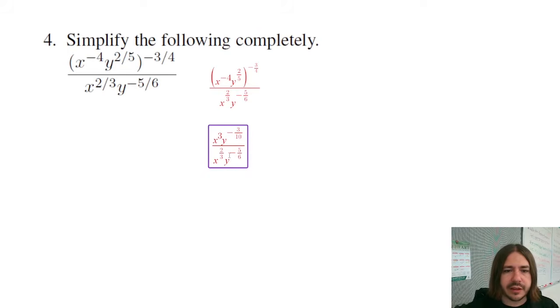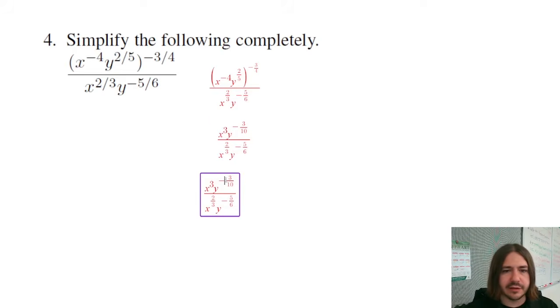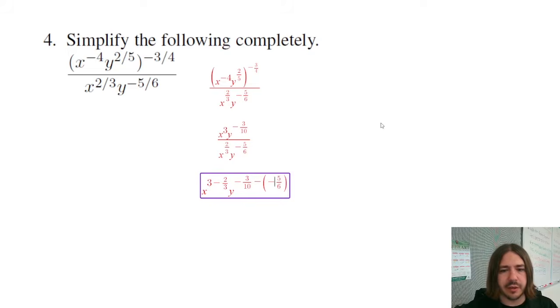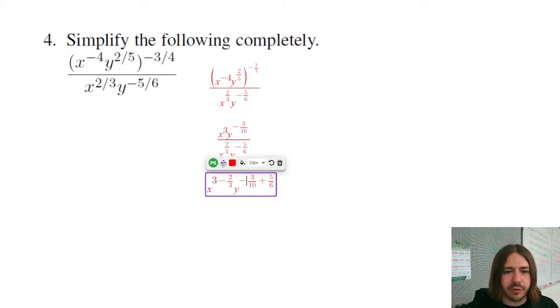Okay, so now we've got it set up like this, and now when you divide, we're going to subtract your exponents. So I'm going to just rewrite this as x to the power of 3 minus 2/3 times y to the power of negative 3/10 minus negative 5/6, which, just to simplify things, is going to be plus 5/6. And now you just have to be on point with your fraction arithmetic here.